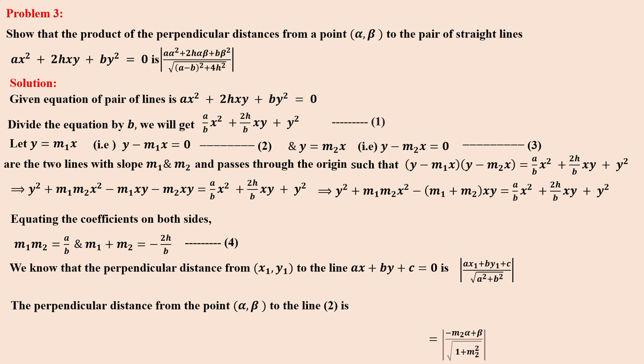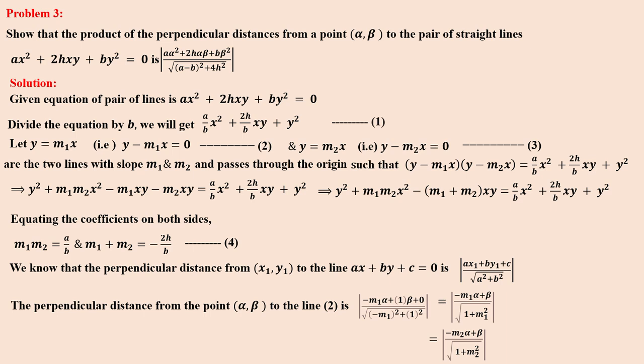So the perpendicular distance from the point (alpha, beta), instead of (x1, y1), to the line y − m1x = 0, we are replacing: instead of a we have −m1, instead of x1 we have alpha, so −m1 alpha, plus b. The y coefficient in y − m1x = 0 is 1, so 1 into y1, that is beta. There is no c value, so plus 0, divided by the square root of (−m1)² + 1².